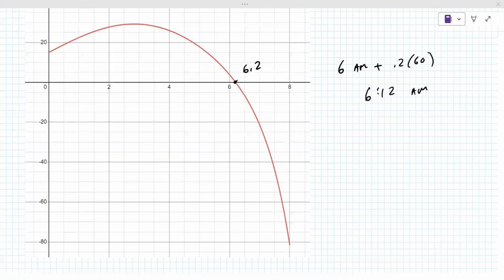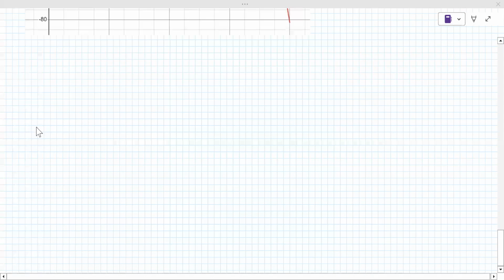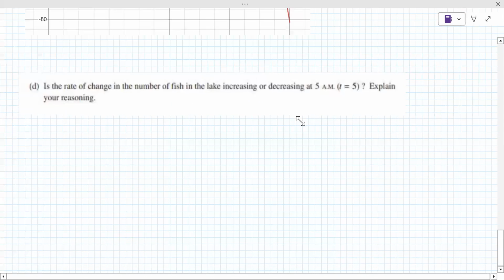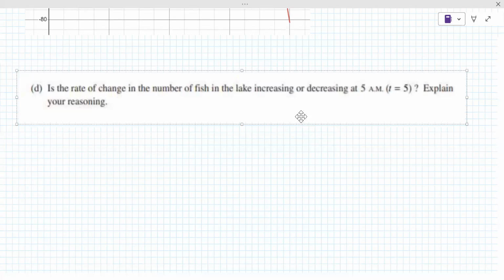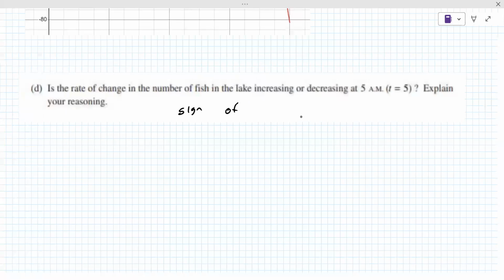All right, D. Is the rate of change in the number of fish in the lake increasing or decreasing at 5 a.m.? Okay, so they're asking about the sign of the derivative at t equals 5.